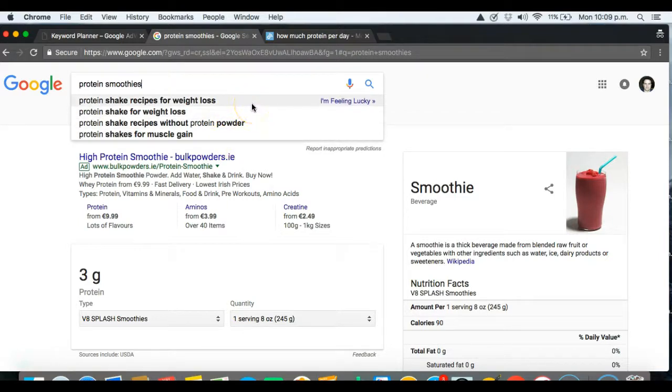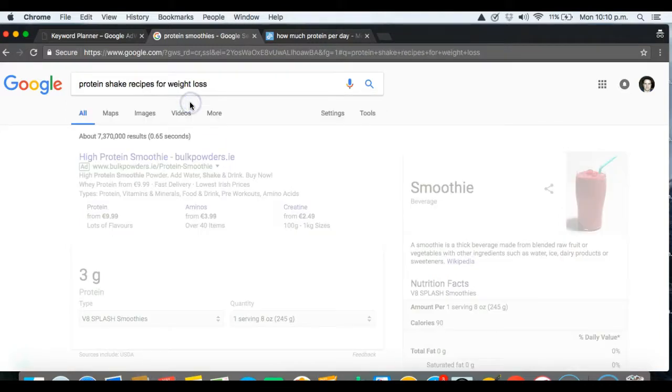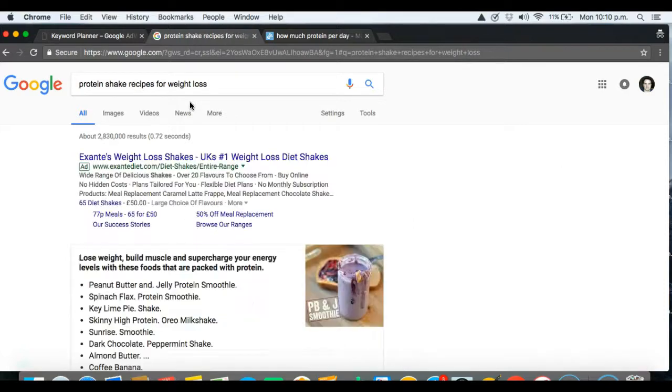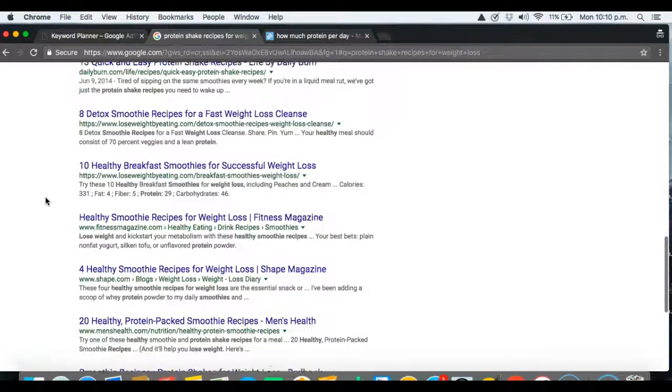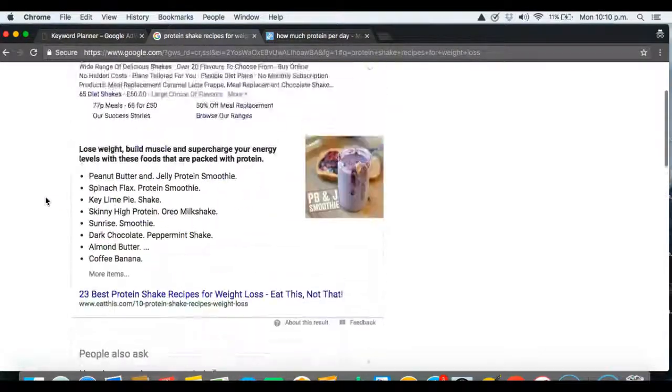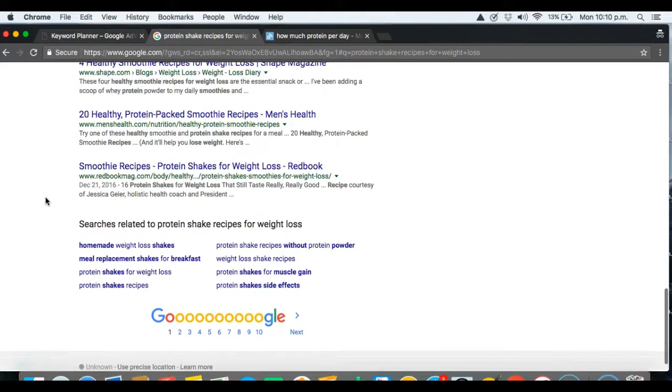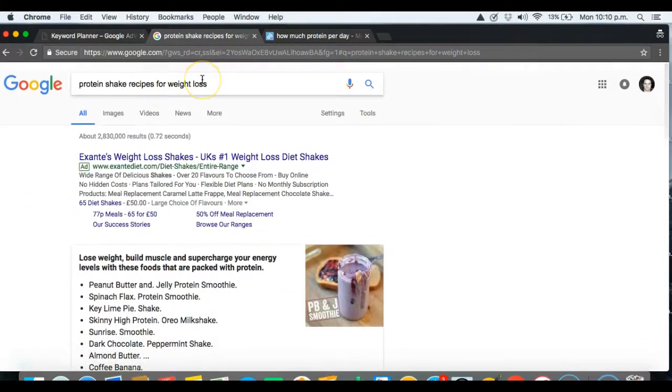So instead of saying protein smoothies, what about protein shake recipes for weight loss? Could there be an angle there that you could use? You can see less competition on this keyword as opposed to just protein smoothies. So again, you can go down through the list, see what's there, see what type of articles are kind of missing, and where you could fill the gaps.